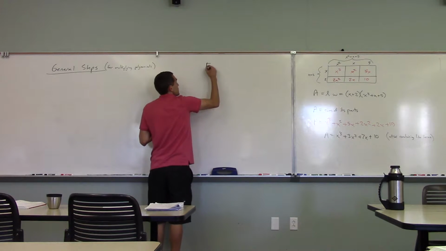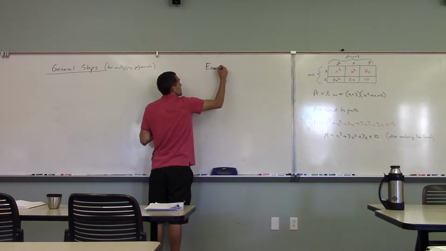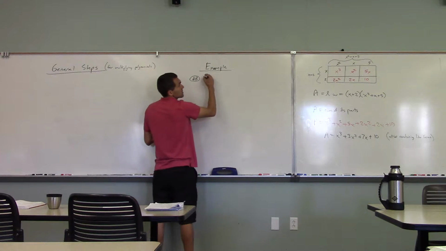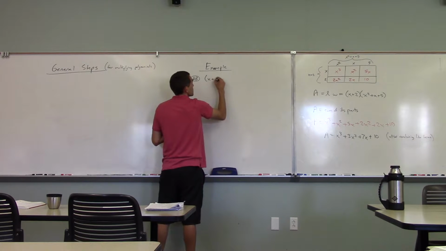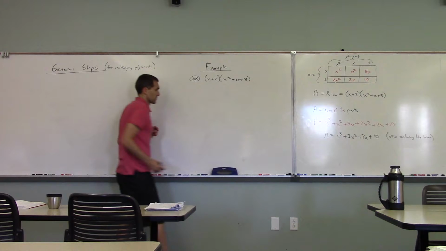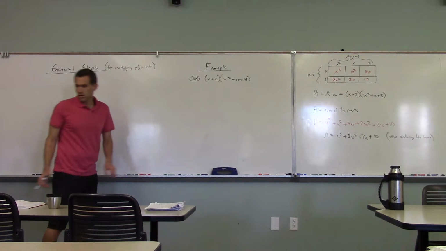And I'll use the same example problem. 68, which is x plus 2 times x squared plus x plus 5.